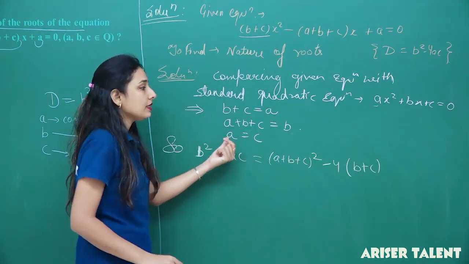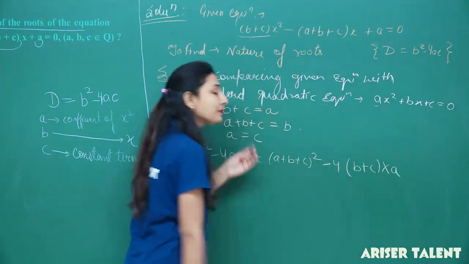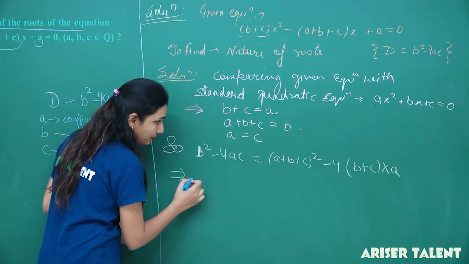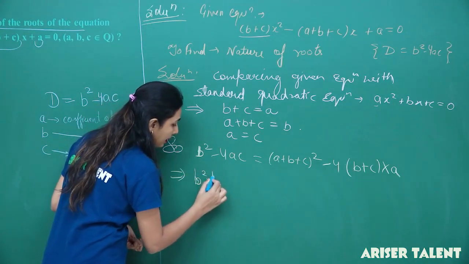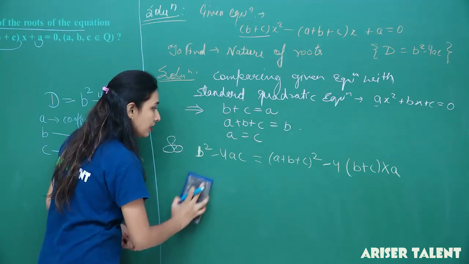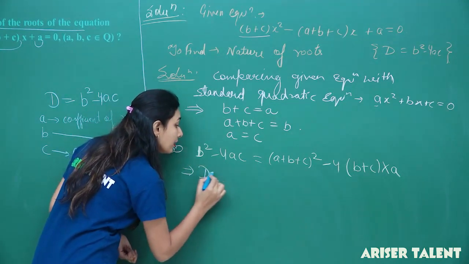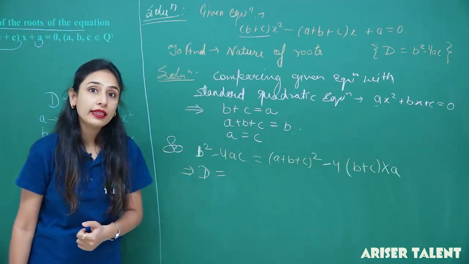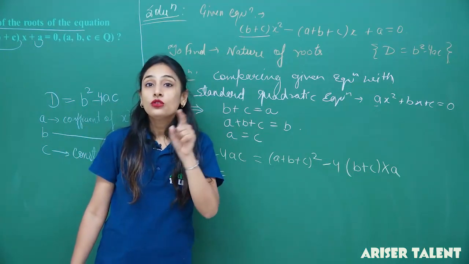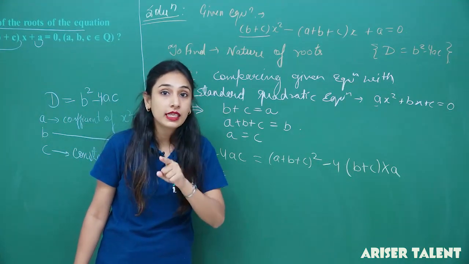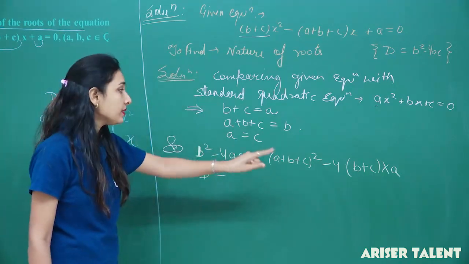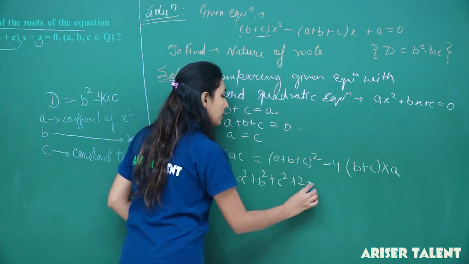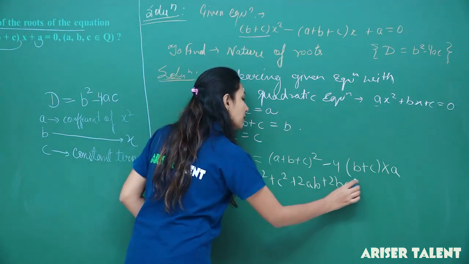Now c is a, multiplied by, isn't it? Right. So what will it become? It will become b square minus 4ac, or I can just say D. D will be equal to, what is the formula of (a plus b plus c) whole square? That will be a square plus b square plus c square plus 2ab plus 2bc plus 2ca. Okay, so I am just opening the square and writing a square plus b square plus c square plus 2ab plus 2bc plus 2ca.